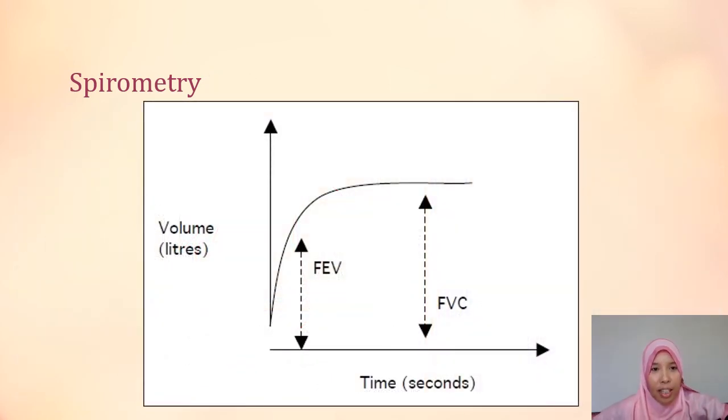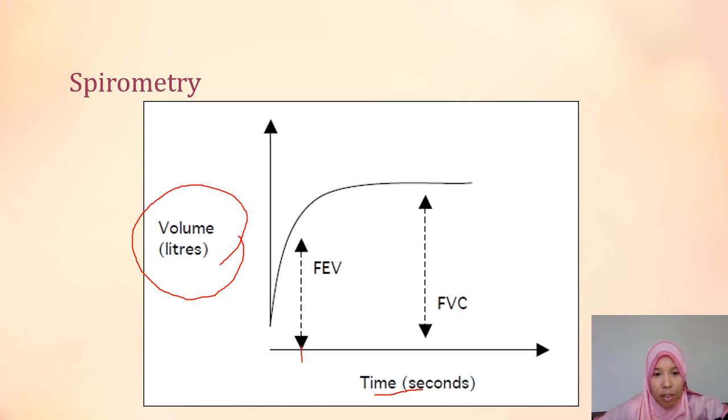So now we're looking at this spirometry graph, right? This is time in seconds, and you have the volume here on the y-axis. So you can calculate in 1 second. If you put time here, for example, this is 1 second, you take this line and you get that. So this is the value of your FEV.